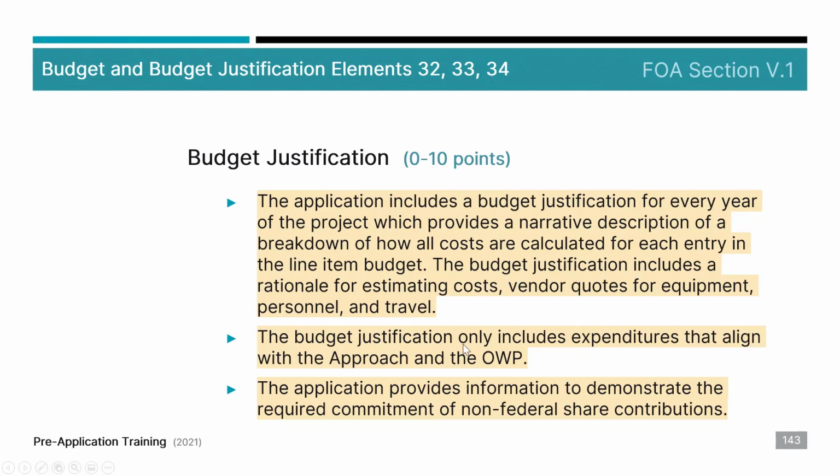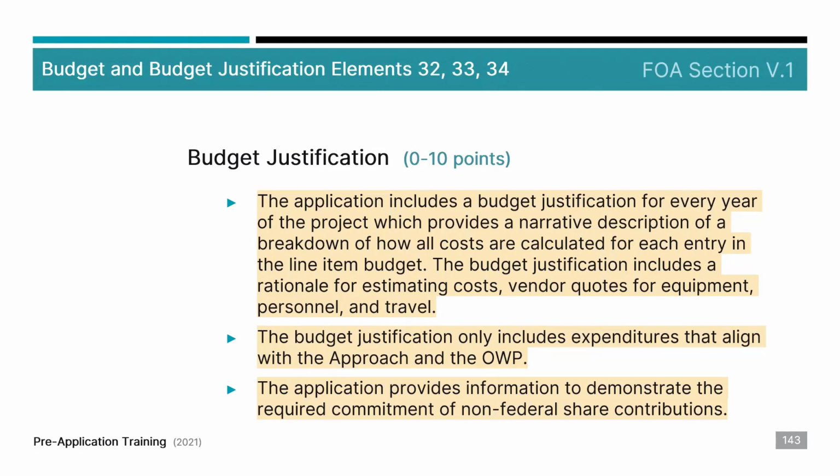So then it goes on to say the budget justification only includes expenditures that align with the approach in the OWP. This is very important. This is what I call the rule of three. If you had been following our training in the order that it's presented, you would have completed your framework, and then you would have gone into the OWP, and in the OWP, it suggests to use the OWP as an outline for your approach for your project implementation.